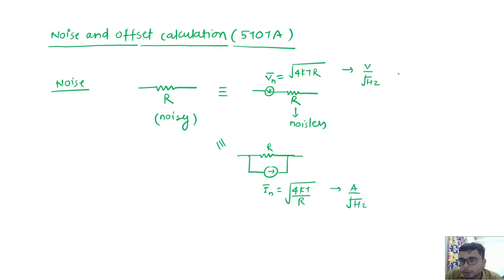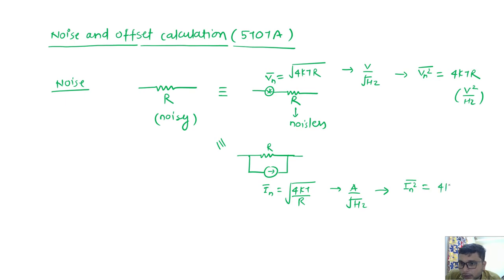In terms of power, the noise power can be represented like this, which is nothing but 4kTR, where the unit is voltage square per hertz.